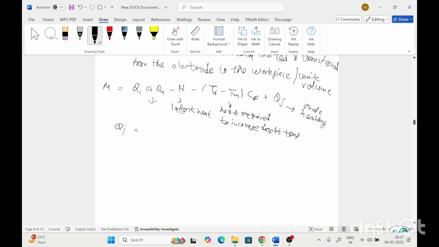Qj can be written as I square R, and R we can write as rho L divided by pi R square. Rho is the resistivity.